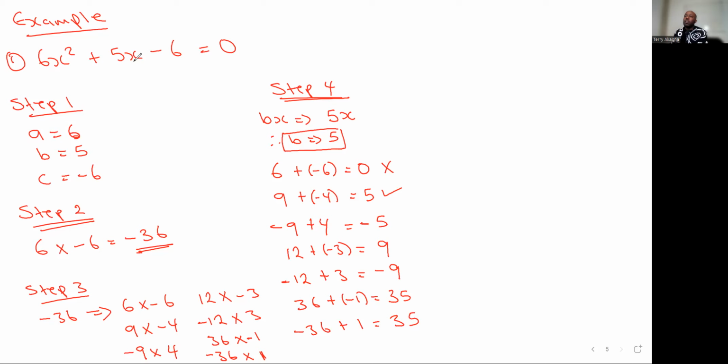So the correct product pair that's going to give you what you want is 9 and minus 4. This is the one we're going to select because 9 times minus 4 will give us minus 36 and 9 plus minus 4 will give us 5.